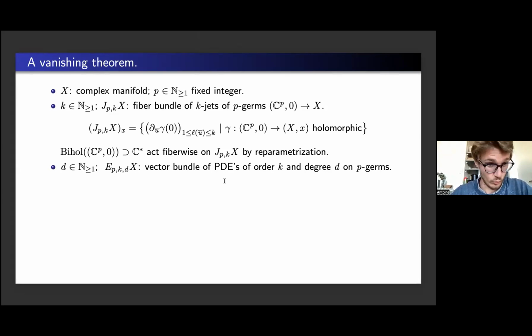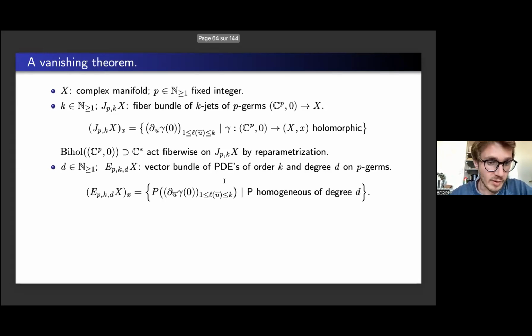Once again, we will understand it fiber by fiber. A fiber above a point is simply the following. You consider the polynomials on the fiber of our fiber bundle of k-jets of p-germs, and we require that they are homogeneous of degree d with respect to the action of C star.